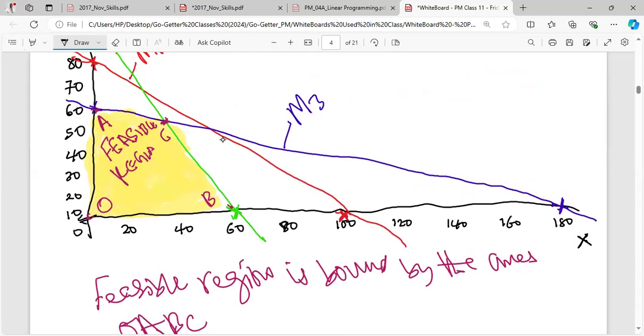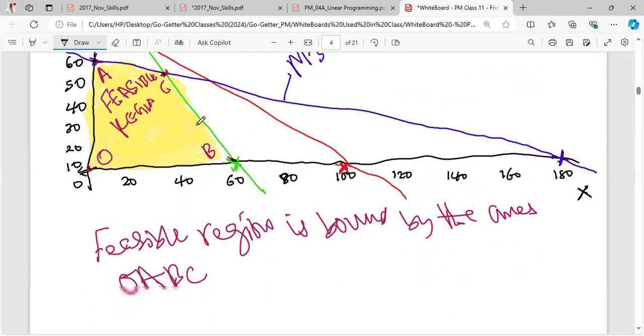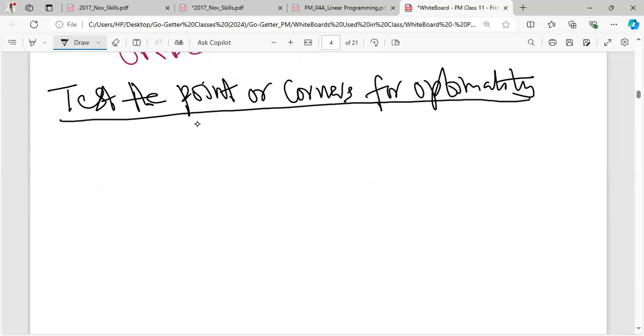So that means this point, this junction, is a possible optimal value. This is another possible optimal value, this is another possible optimal, and this is another possible optimal. So we'll start with point 0.